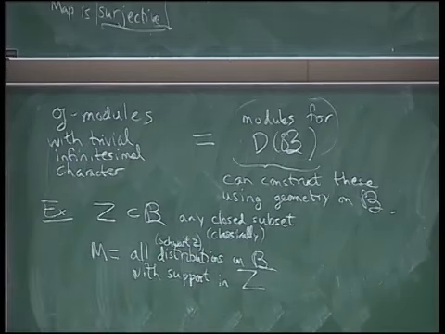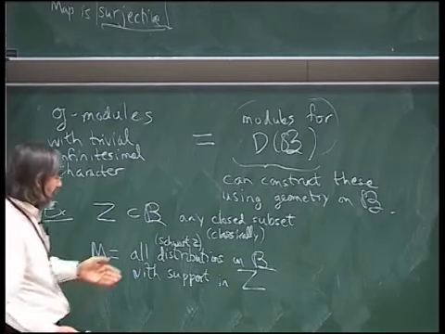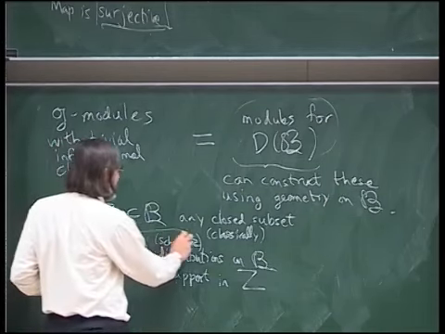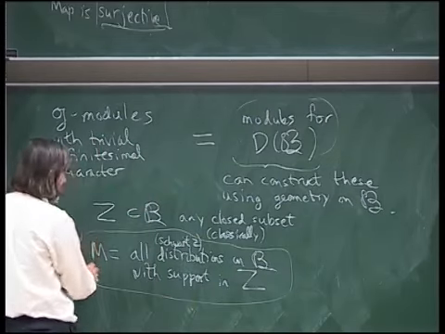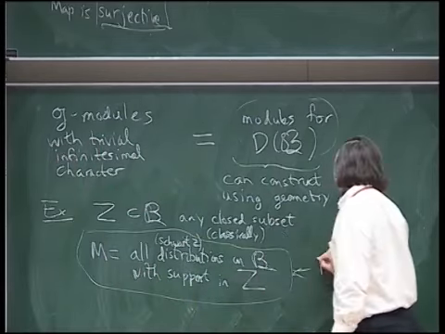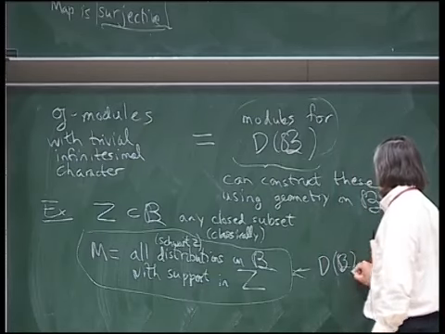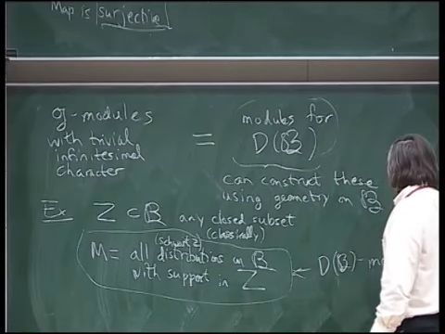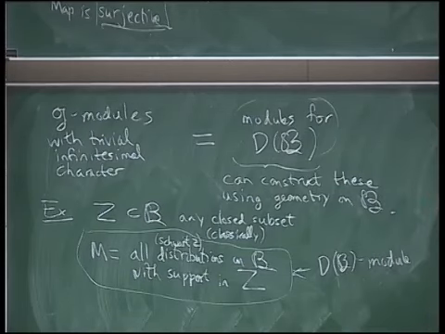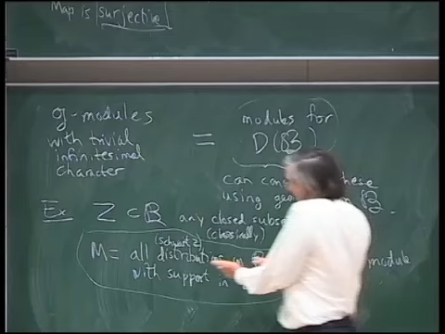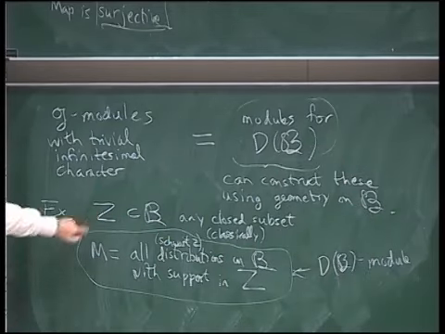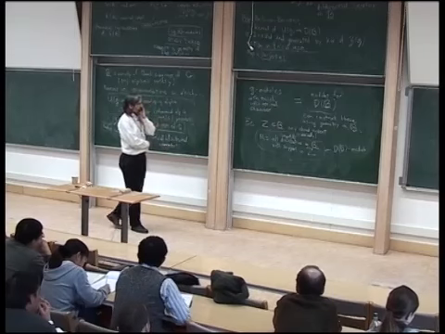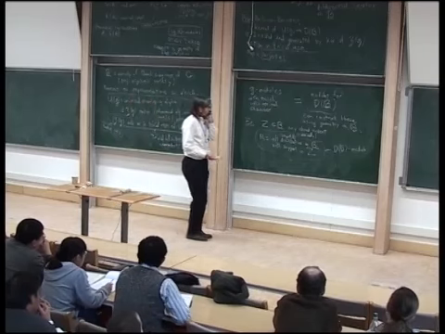And one of the things you can do with Schwartz's distributions is differentiate them. And differentiation doesn't change support. This is a D of B module. And so, well, say there's a large supply of closed subsets of the flag variety.